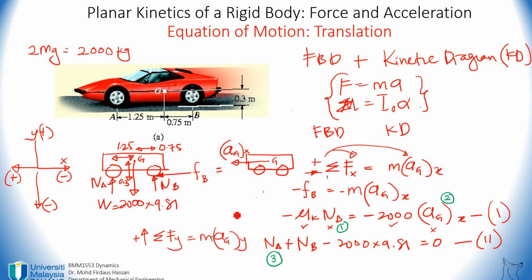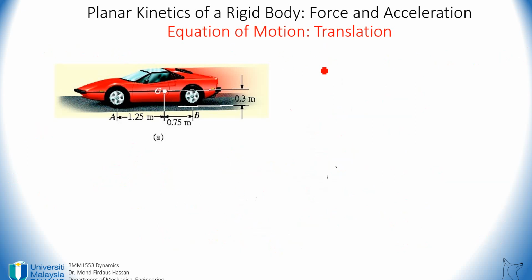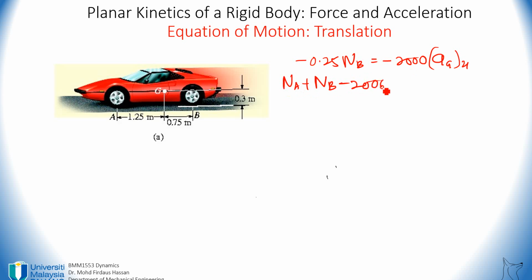Okay, so I write down again the equations: minus 0.25 NB is equal to 2000 times A G X. We also have NA plus NB minus 2000 times 9.81 is equal to 0.